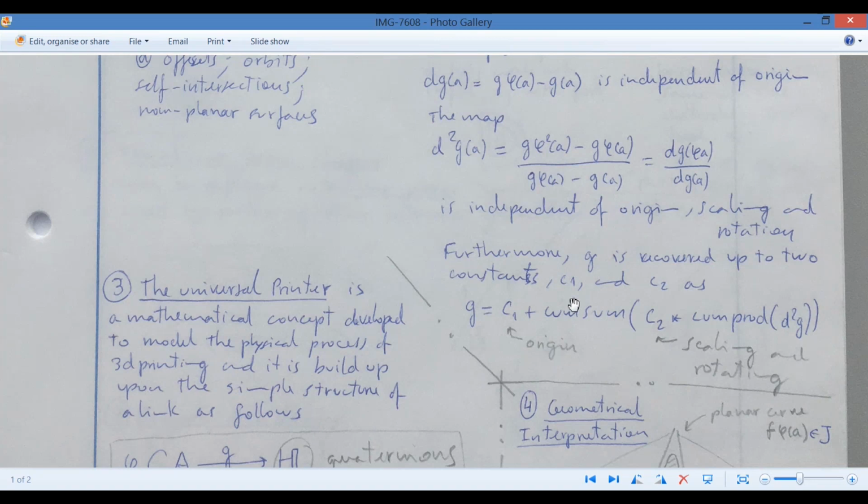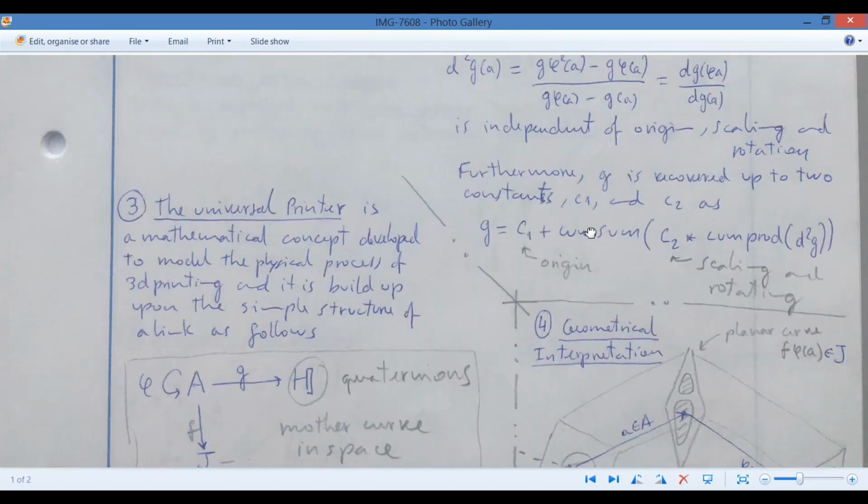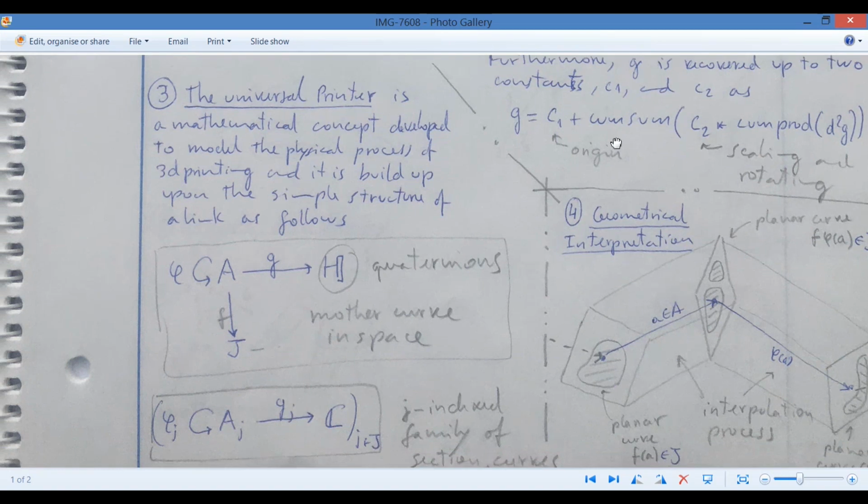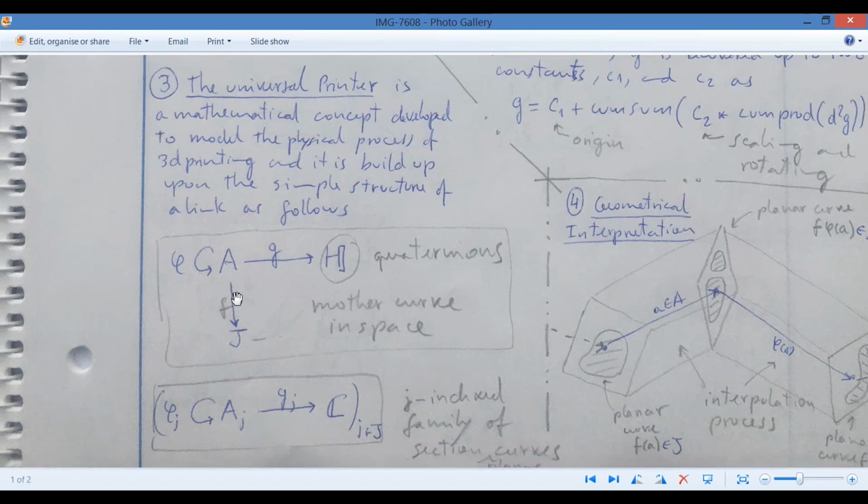Now, this basic concept is the base of what we call the universal printer, because the universal printer is built up of these kinds of structures. We'll have what we call a mother curve, which is in space. It needs to be with quaternions because there is a twist, so a vector has the possibility to twist, and quaternions are needed to really encode this.